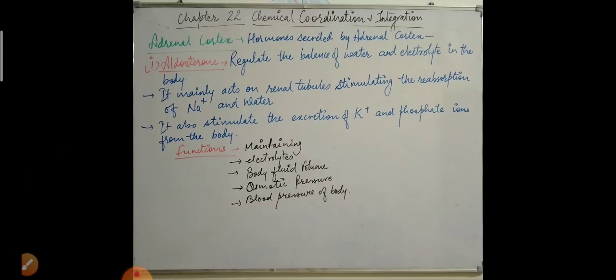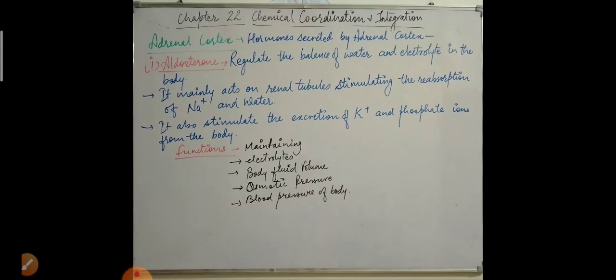Aldosterone mainly acts on the renal tubules, stimulating the reabsorption of sodium ions and water. We have already completed the chapter on excretory products and their elimination. In it we discussed that the renal tubule is meant for reabsorption of water and salts.